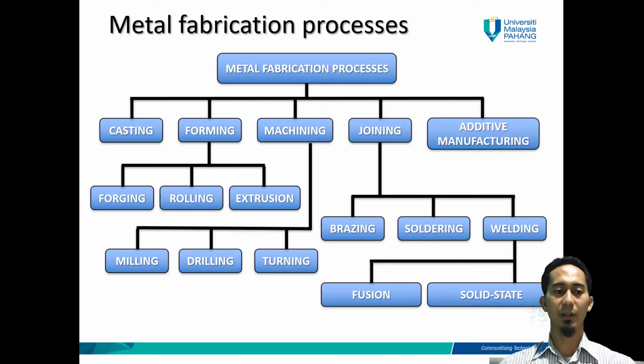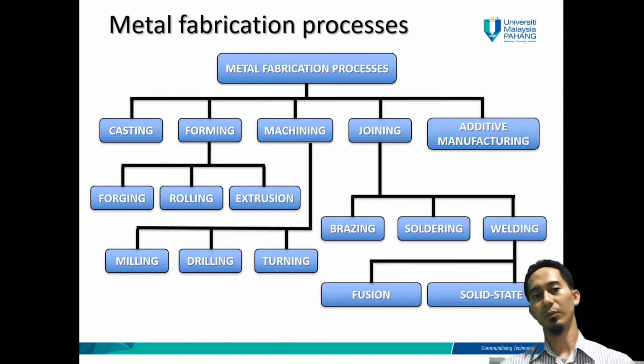So first of all, as I mentioned earlier, it's casting and molding. Then we'll also discuss forming. So in forming, we have forging, rolling, and extrusion processes. Next, we'll go through the machining aspect. So we have milling operation, drilling, and turning operations. And then we'll go through the joining process, which is generally these three: brazing, soldering, and welding.